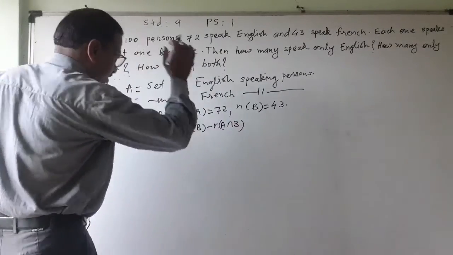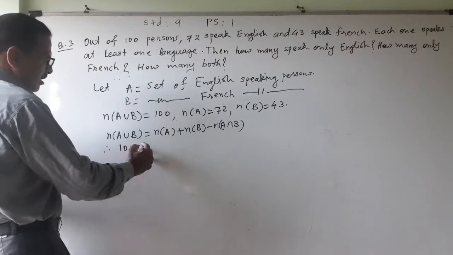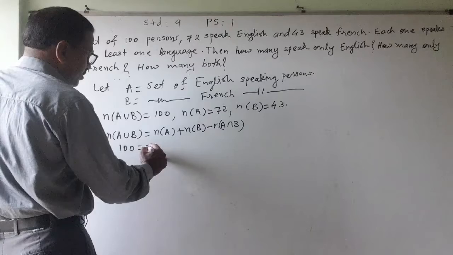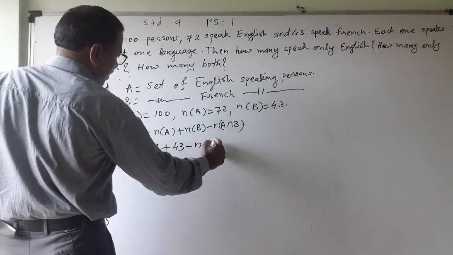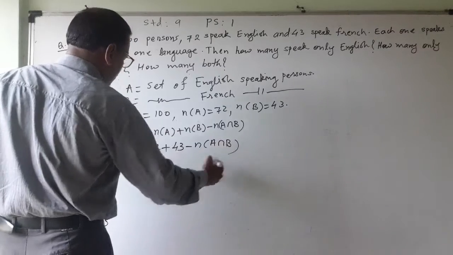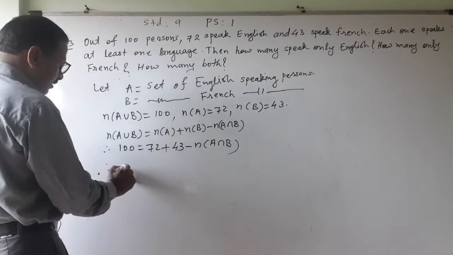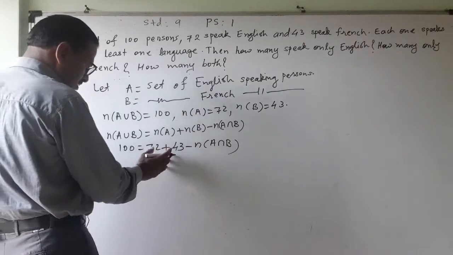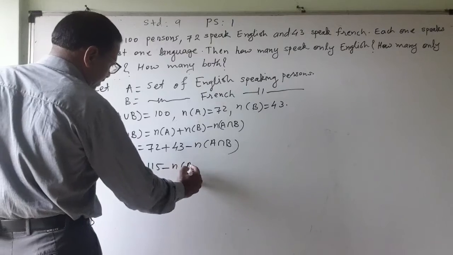These are the intersection people. Therefore, I will substitute the values: 100 is equal to 72 plus 43 minus n of A intersection B. Therefore, 100 is equal to 115 minus n of A intersection B.